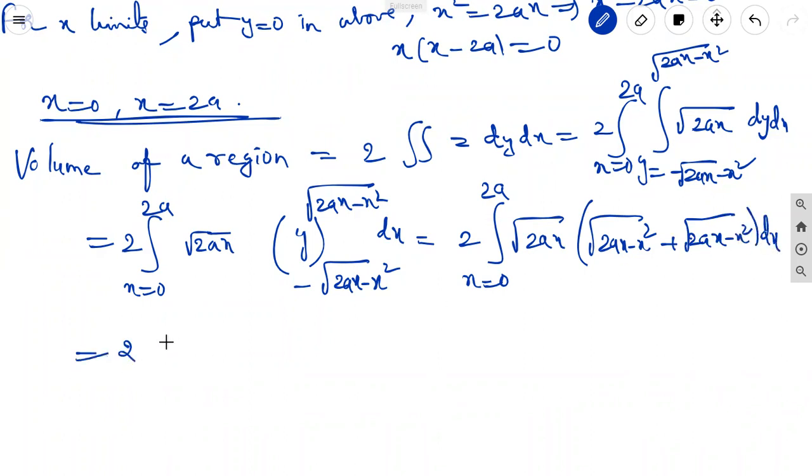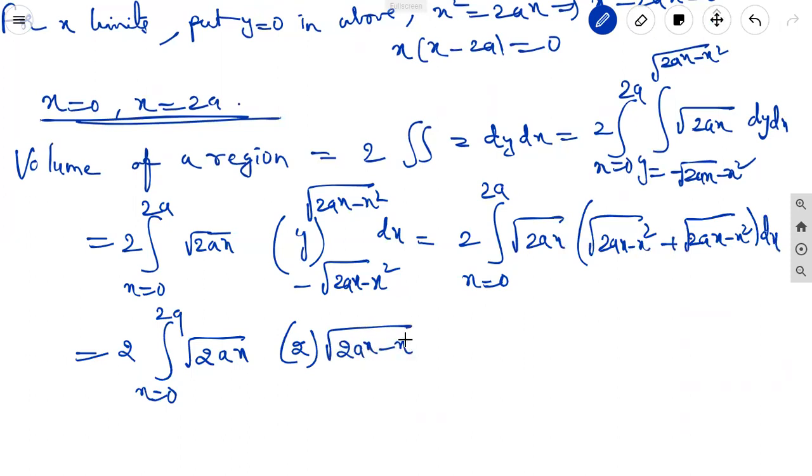It is equal to 2 integral x equal to 0 to 2a under root 2ax, the same terms, 1 plus 1 means it's 2, into under root 2ax minus x square dx. It is equal to 2 right outside, 2 2s are 4.